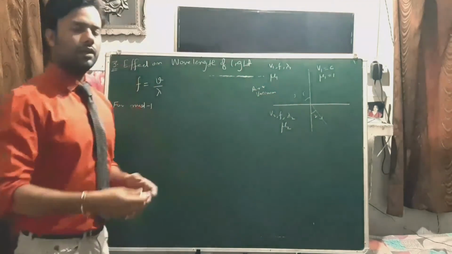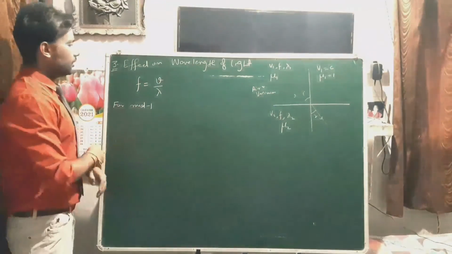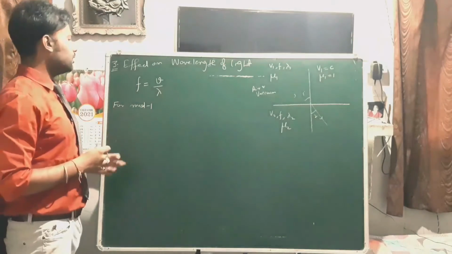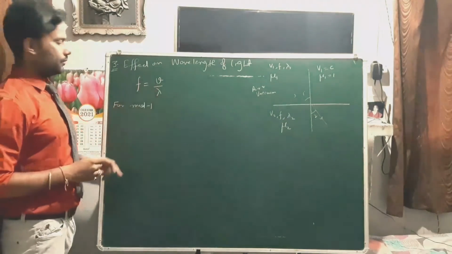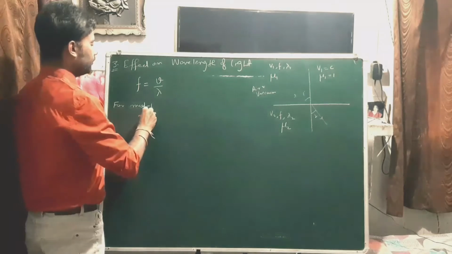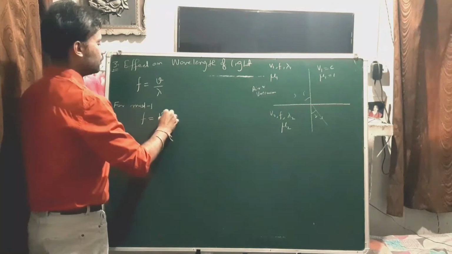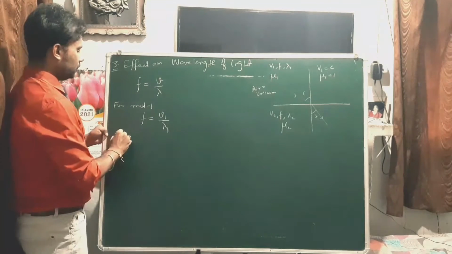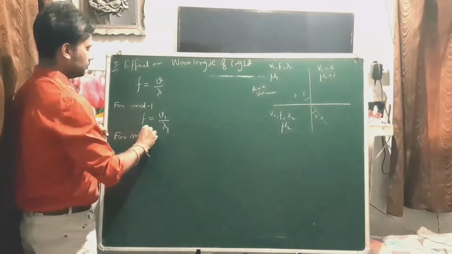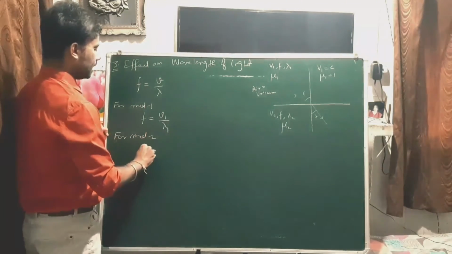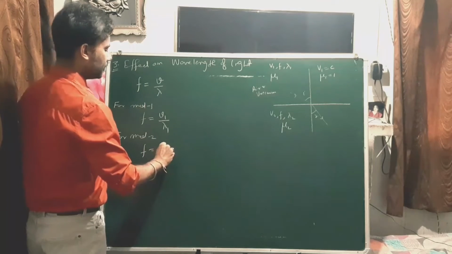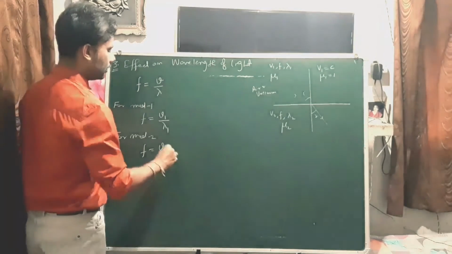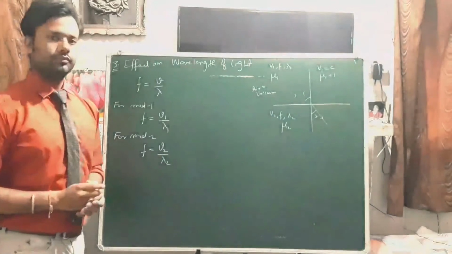So we will apply this value later. Now f equals v upon lambda. So for medium 1, f will be equal to v1 upon lambda 1, and for medium 2, f equals v2 upon lambda 2, right?